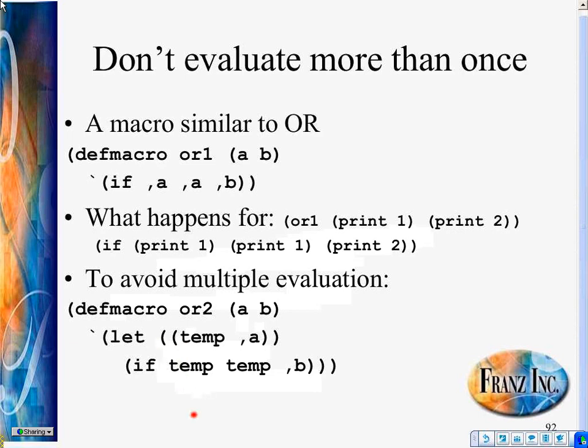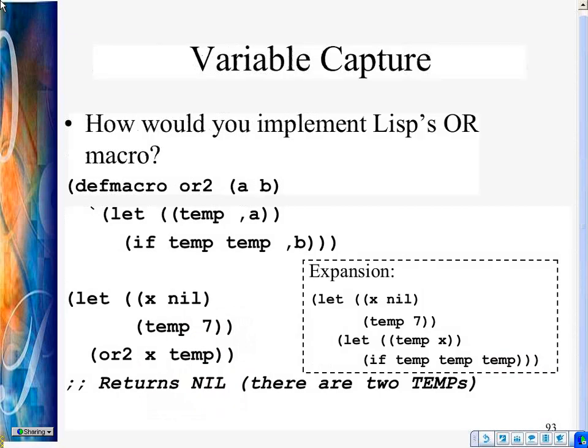Now, I have to warn you that although this solves one problem, it suffers from what is called the variable capture problem, which is a little bit more subtle, and we're going to go into next. But this does in fact solve the multiple evaluation problem. This definition, OR2, does not evaluate its first argument twice under any circumstances.